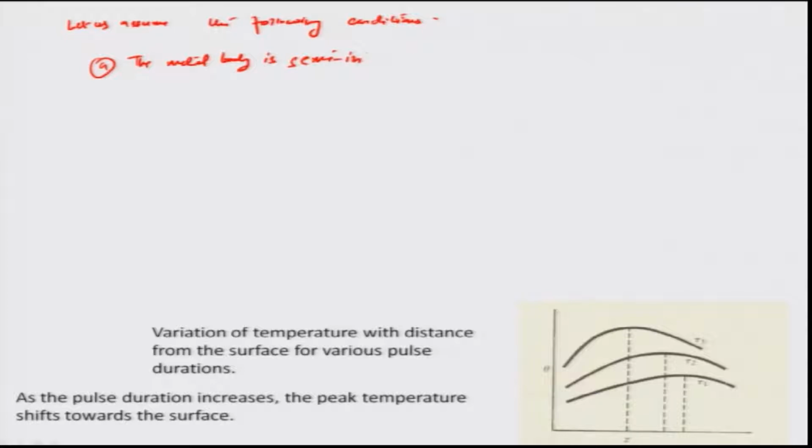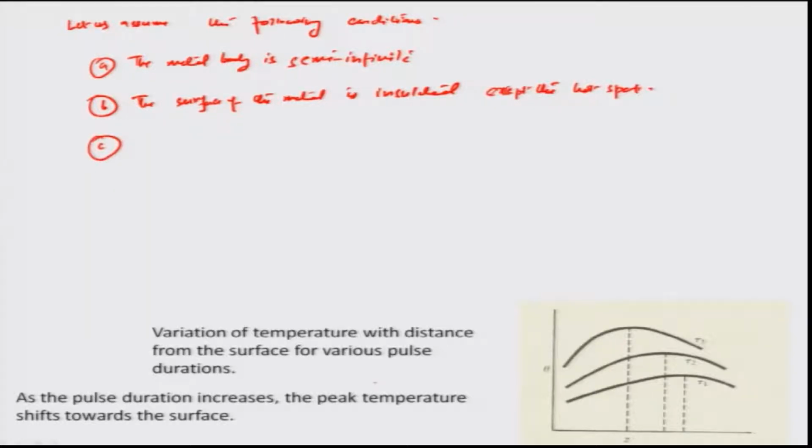We can also assume that the surface of the metal is insulated except the hot spot, and we can further assume that the rate of heat input into the material remains uniform with time, particularly during the duration of the e-beam pulse.